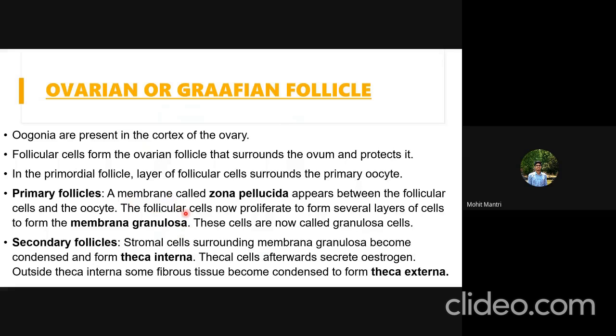These follicular cells are also known as granulosa cells. The 6 to 12 primary follicles each month will grow and form layers such as theca externa and theca interna.